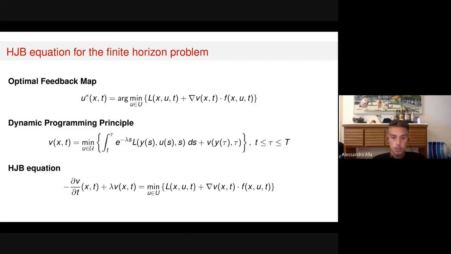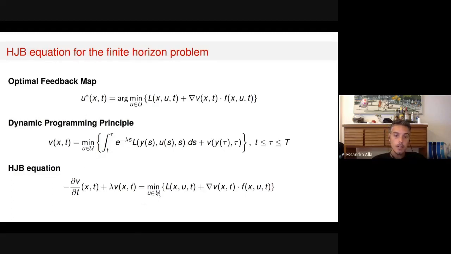Let me also mention that in this PDE, as you can see, you get all the ingredients of the control problem. Let's say you have the dynamics, you have the value function, which is actually the unknown part. You have the running cost, and you have lambda, which is a discount factor. Here we need to have the final condition, which is also given.